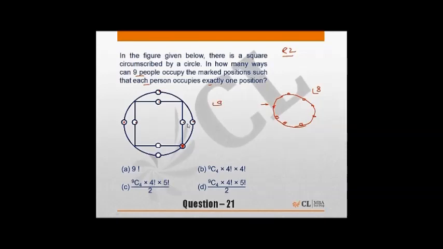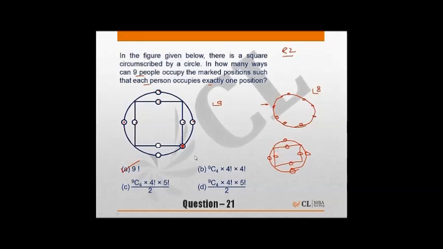Now, supposing the question was not this but this. So we need to seat people 1, 2, 3, 4, 5, 6, 7, 8. In this case, what would the answer be? I am just taking a variation of the question to explain the concept.